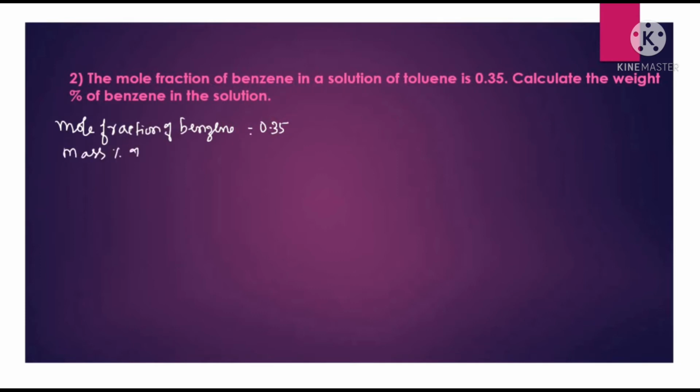Mass percentage of benzene. How to calculate the mass percentage of benzene? From the formula, that is weight of benzene, that is W2, divided by weight of solution, into 100.